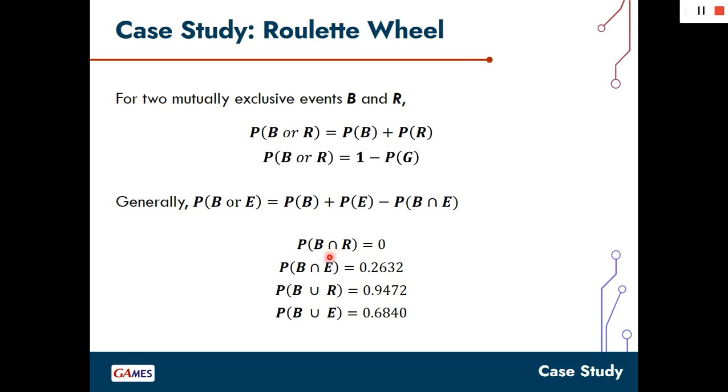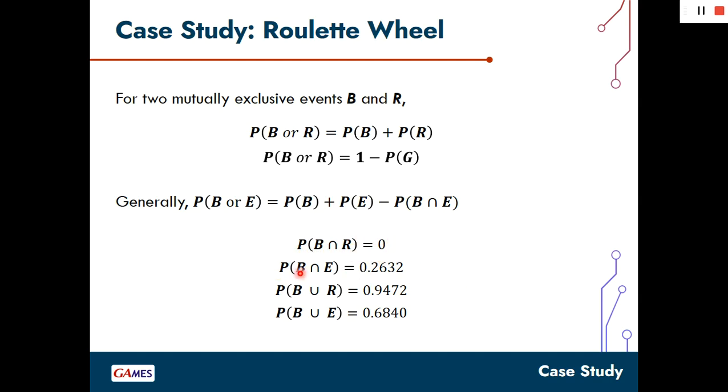So when we say the probability of B intersects R, this is simply saying the probability of the black and the red events occurring together. We know that the black and the red events are mutually exclusive, so the result is 0. They can't occur simultaneously; you can't have shared outcomes between them because we don't have any pockets that are both black and red.